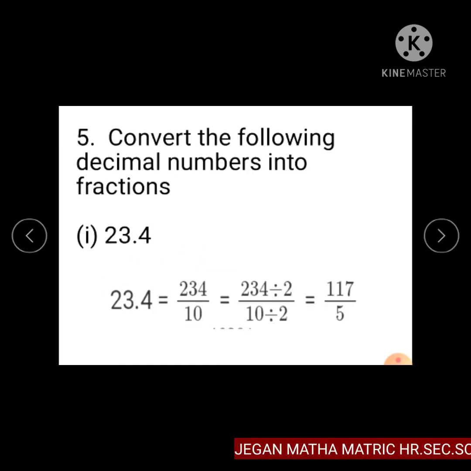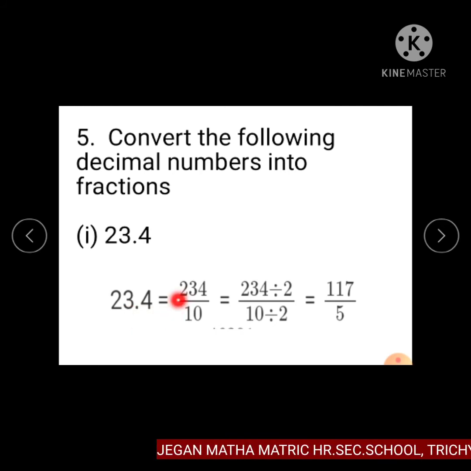Question number 5. Convert the following decimal numbers into fractions. 23.4 is the given number. 23.4 equal to 234 by 10.